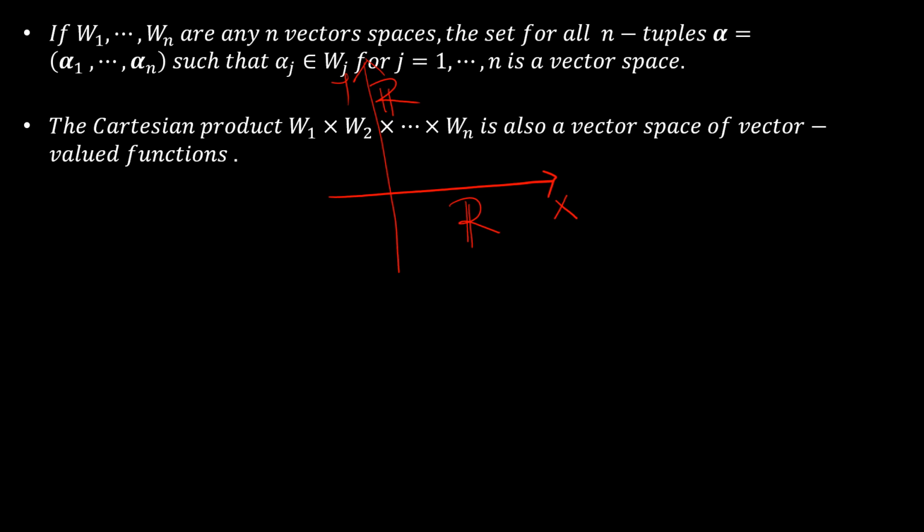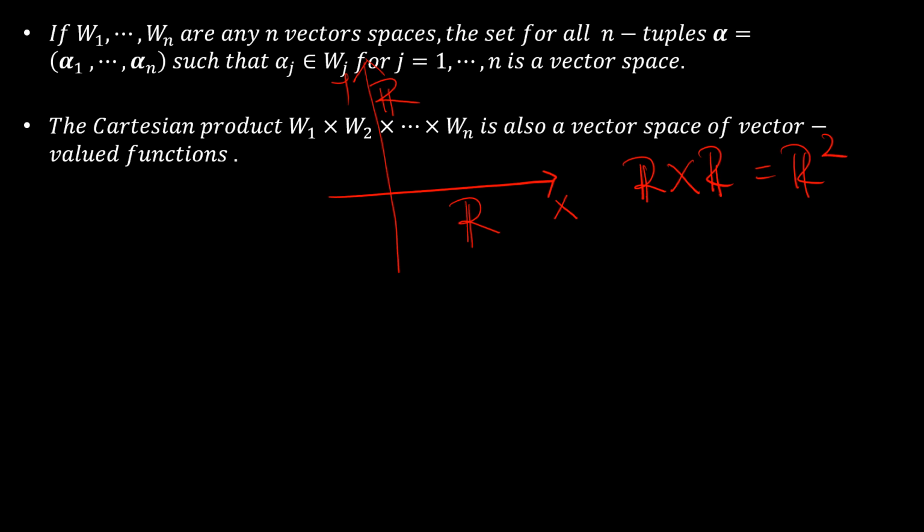So any point on that single line is a member of R. But as soon as we have a two-dimensional point, now we have the Cartesian product.